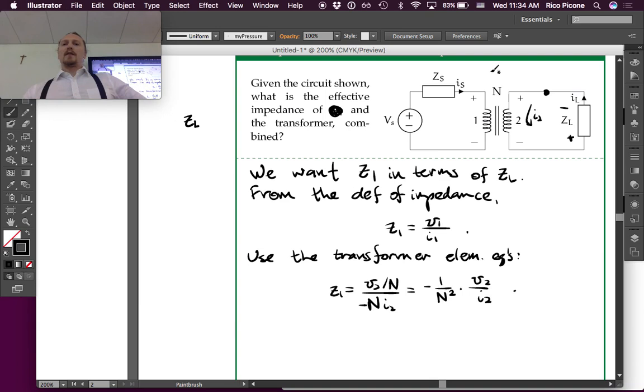So KCL would just say that I2 is just equal to IL, right? But if you did KVL around this loop, you would say V2 plus VL equals 0, or V2 equals negative VL, right? I mean, it's really simple KVL. Sometimes the simplest ones are the ones that trip us up, right?